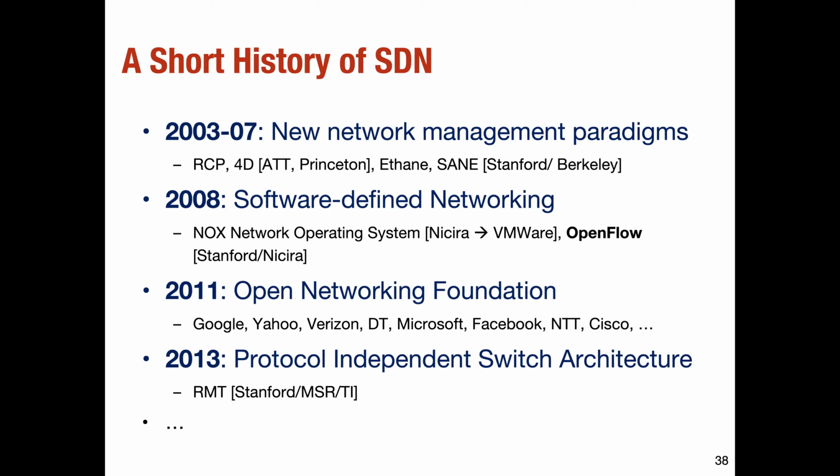So Jennifer Rexford, who's head of the computer science department at Princeton, was one of the main leads on this work at AT&T. She was then a researcher at AT&T, along with Matt Caesar and Nick Feamster. So these are all big names in networking, and they were all part of this problem of how we can simplify network management with better abstractions.